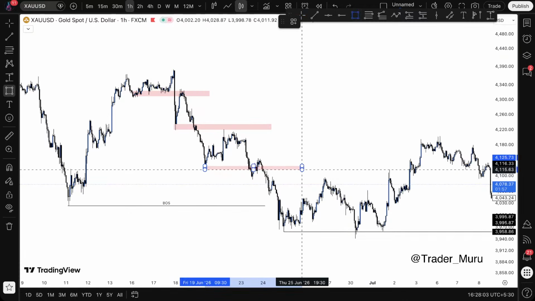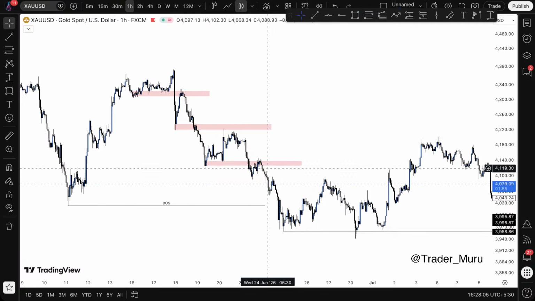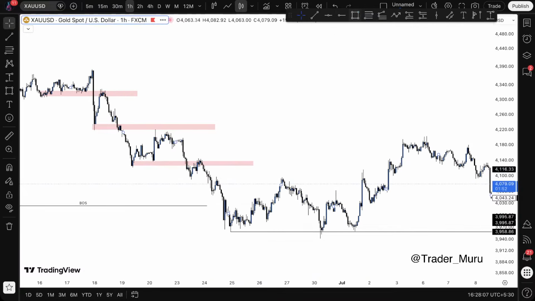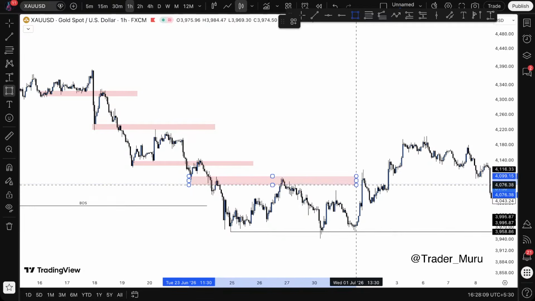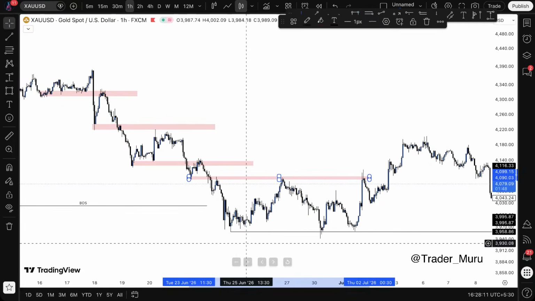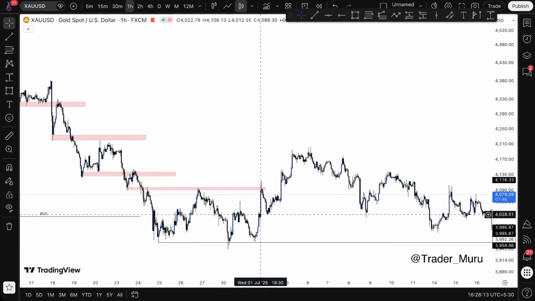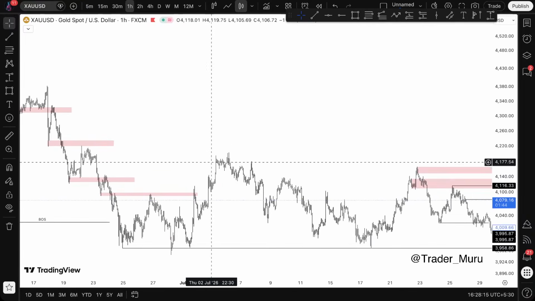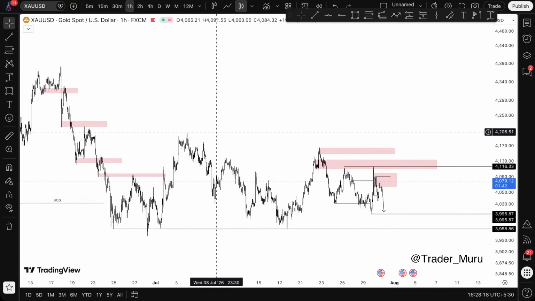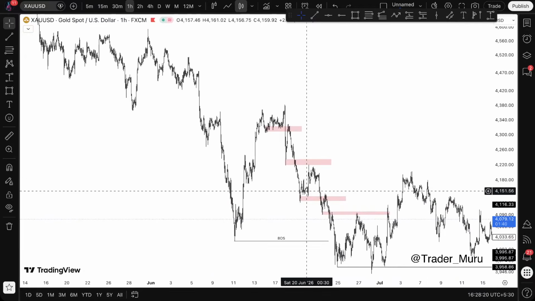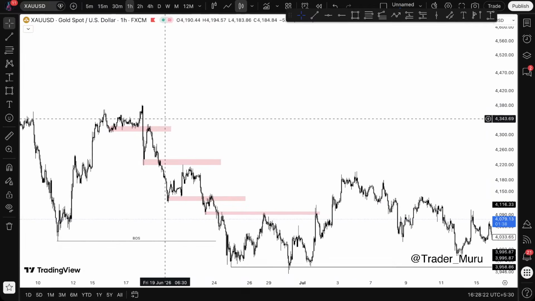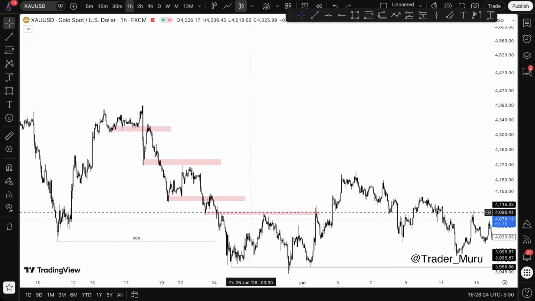Break, retest, drop. Break, retest, drop. After this range, price is still in this bigger range. That's why it keeps hunting your stop losses. This was a trend, a clear trend.